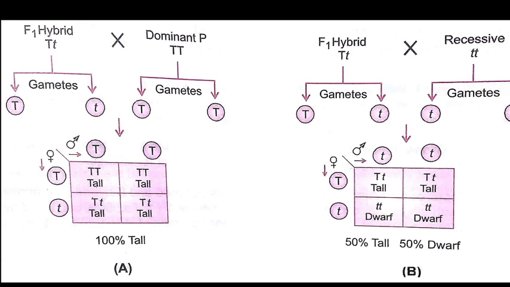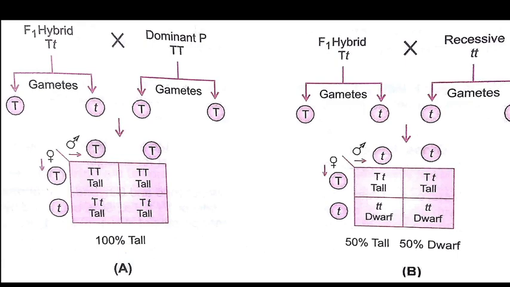I said earlier that a back cross is when the F1 is crossed with either one of the parents, so here there is 100% tall. In case of homozygous, all individuals are tall, and in case of heterozygous, 50% individuals are tall and 50% are dwarf. Okay, so this is all about test cross and back cross.